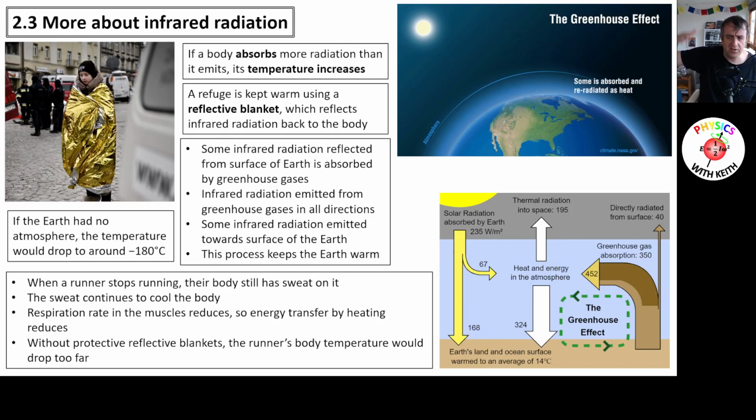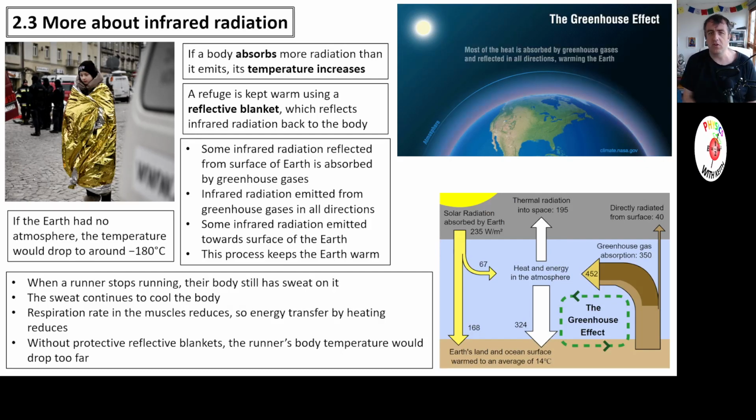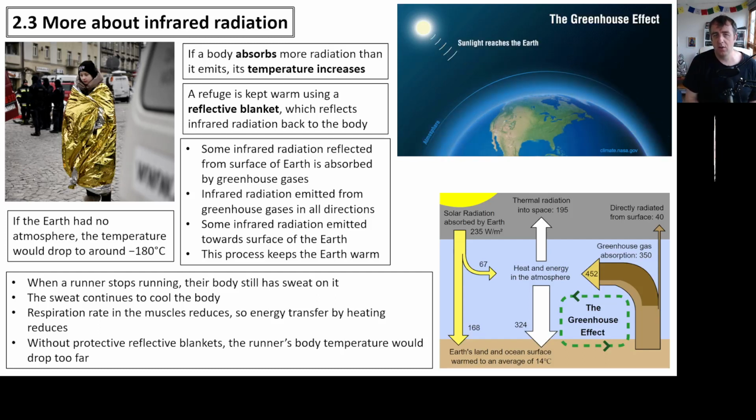So there are hundreds of degrees of fluctuation in temperature on the Moon. If that was the case on Earth, life could not have evolved. But we've got a much more stable temperature on the Earth.